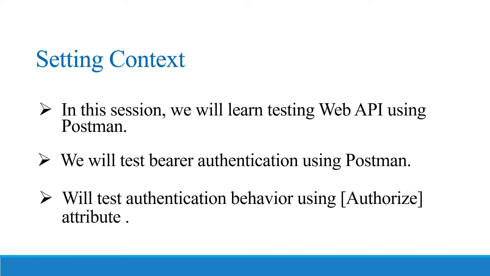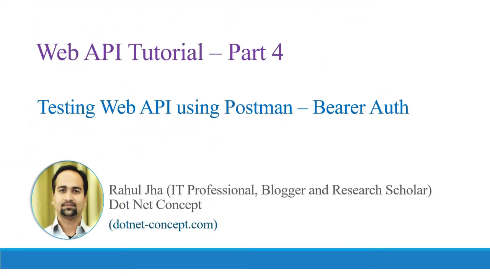We will also test authentication behavior using the authorized attribute, and we'll see how your web API behaves when we implement the authorized attribute. Okay, so I think we are good to go, and let's begin.